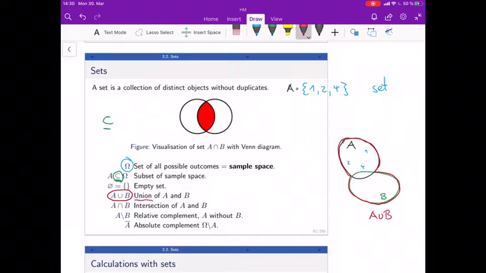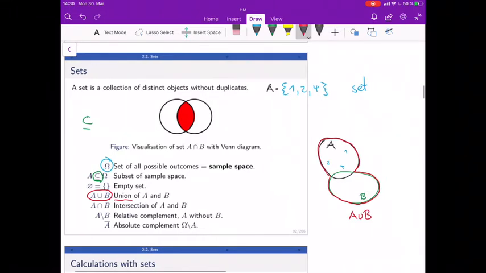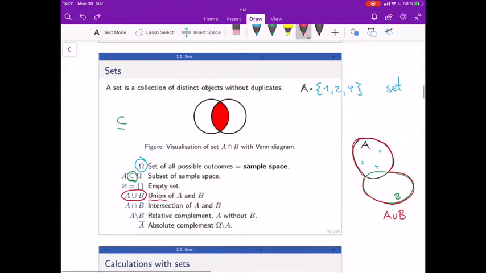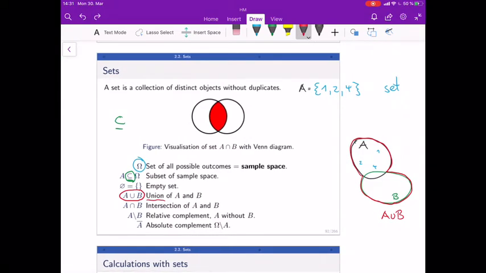If you have heard something about logic before, this is just a side remark, but there's logic ANDs and ORs. So the logic OR is this one here, which looks like a little V. So we'll talk about that later. So if a number can be in A or B, then that's the OR, which looks like the union symbol. Okay, but that's just this little side remark.